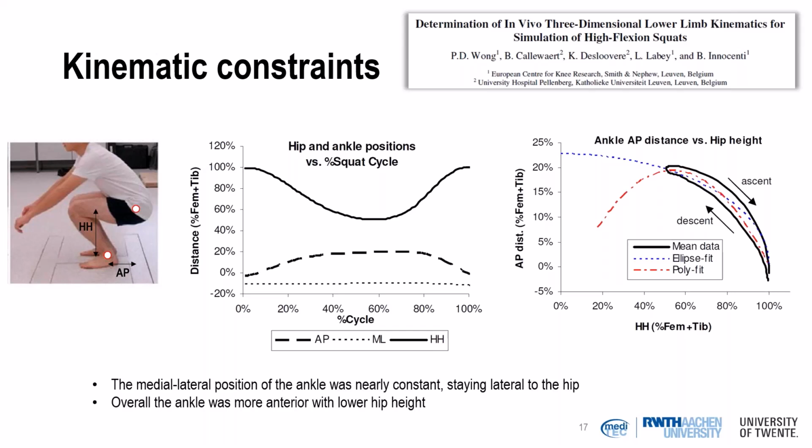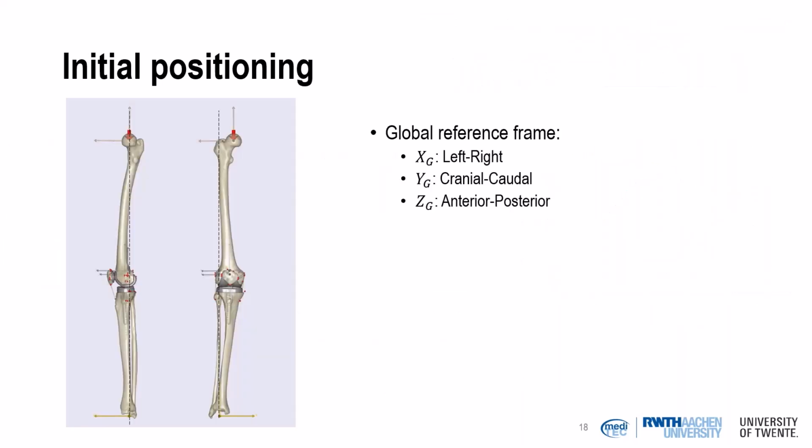So from this study, this is what we implemented in our model. We took these two main findings, that the mediolateral position of the ankle was nearly constant over squatting, and that it stays lateral, so the ankle stays lateral to the hip, and that also the ankle was more anterior with lowering the hip height. And this is what you can see here in our initial positioning.